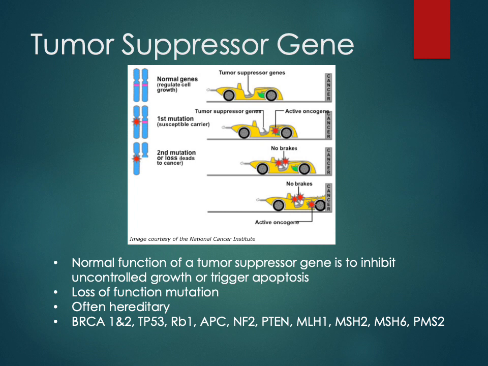So BRCA, hereditary P53, so Li-Fraumeni disease, retinoblastomas, and then all of your Lynch syndrome. All of these are tumor suppressor gene problems.